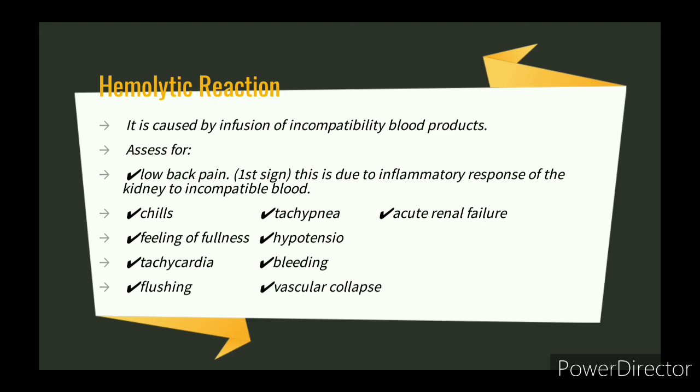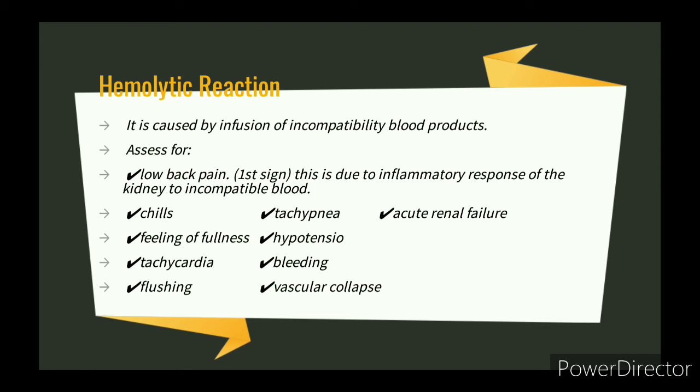This is due to inflammatory response of kidney to incompatible blood. Ano po yung kinakailangan pa natin i-assess? Bukod sa low back pain, nagkaroon din ng chills, feeling of fullness, tachycardia, flushing, tachypnea, hypotension, bleeding, vascular collapse, and acute renal failure.